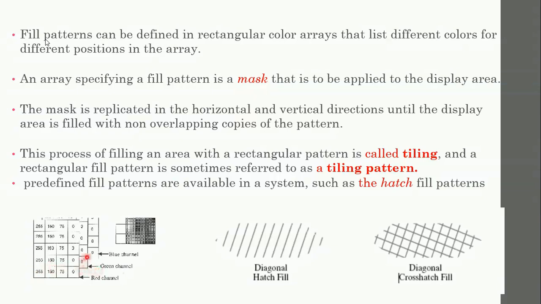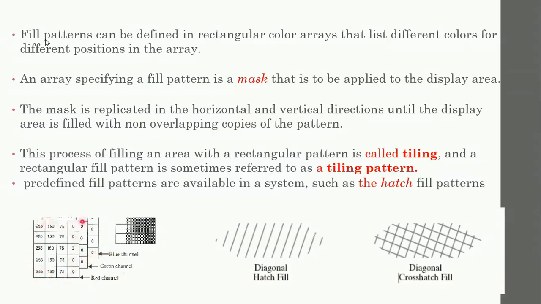For example, this particular pixel has red channel 0, green 0 and blue 0. Another pixel has red channel 75 and some other values for the green and blue channels. This is the rectangular array.